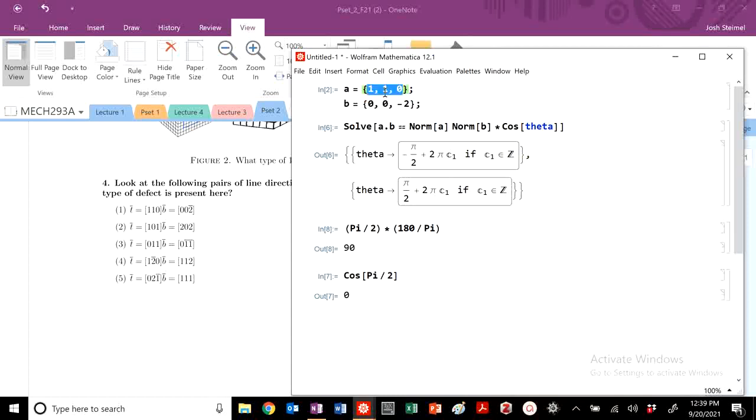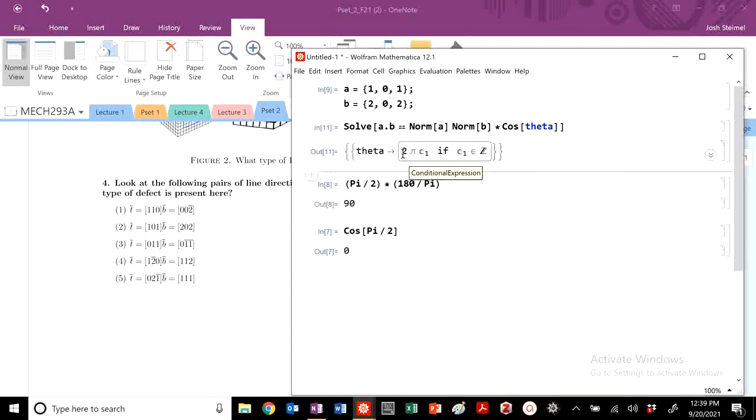So let's go ahead and look at 1, 0, 1, and 2, 0, 2. Let's solve this one. 2 pi, 180 degrees. So this is parallel, right? A right screw dislocation, excuse me.